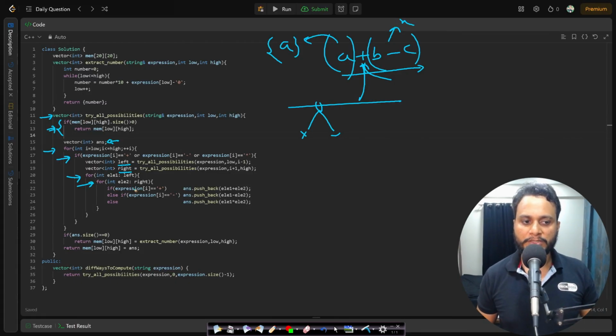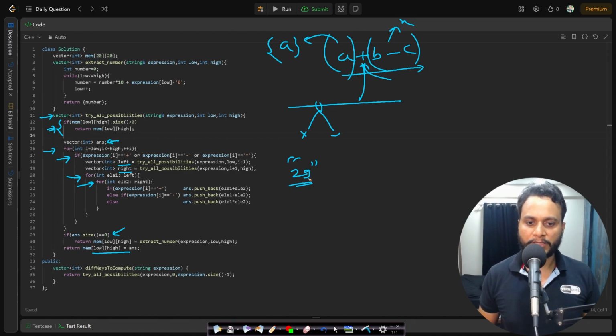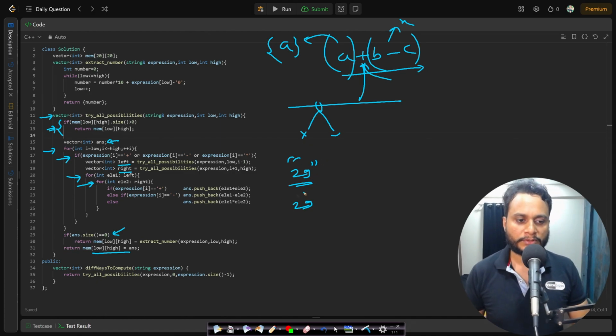I will be pushing all the results based on whatever the operator was, and finally I will be returning the result. Now line number 29 and 30 is about a base case where you just have a single item and no operators. In that case you should return the single item, let's say 29, and you should not return 0 or anything like a blank array, right? So that is that case.